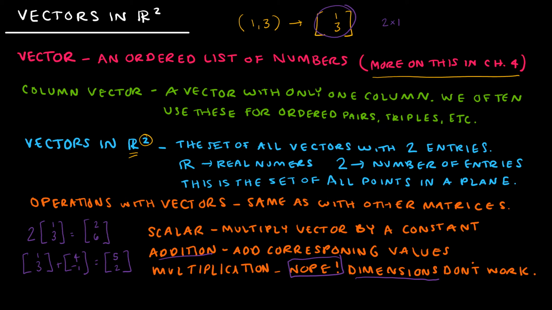In order for me to be able to multiply it, I would need one row times however many columns. It wouldn't matter, but I would need just one row. So that's the only way that I can multiply, is if I have just one row in my other vector.